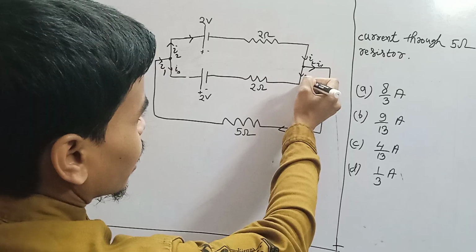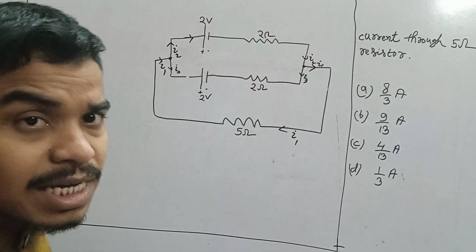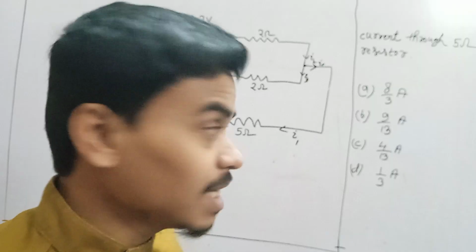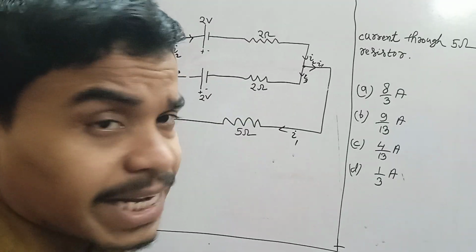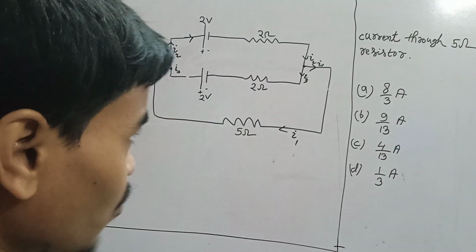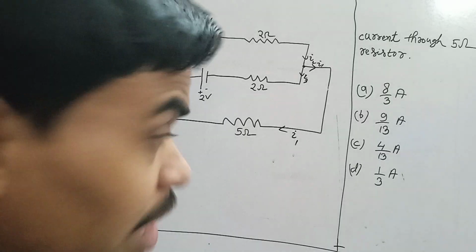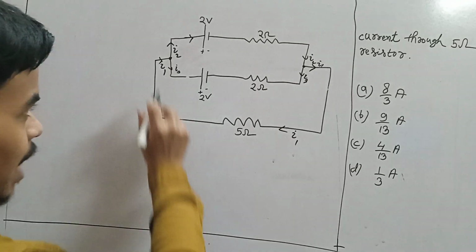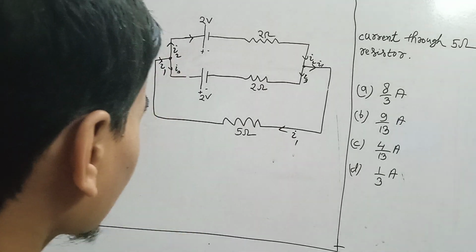Now at this point junction we have to apply the KCL rule. That is, at any point junction, the sum of inflow current is equal to the sum of outflow current. So basically here we apply it at this point.